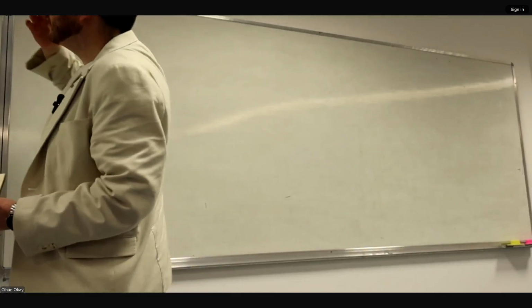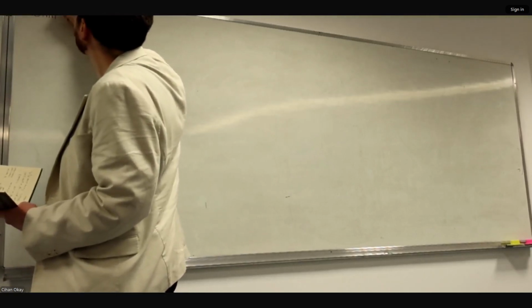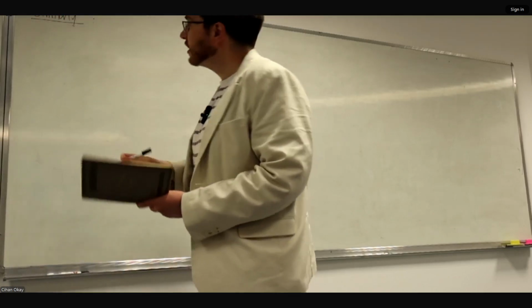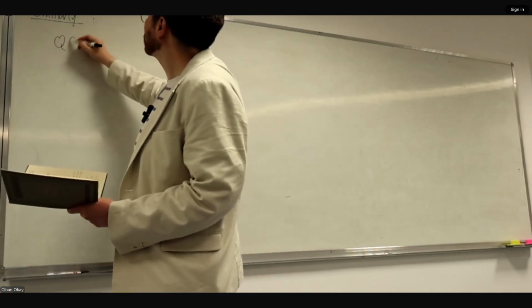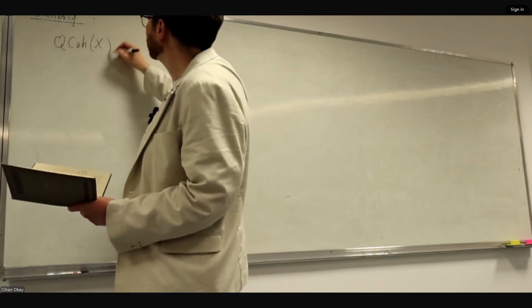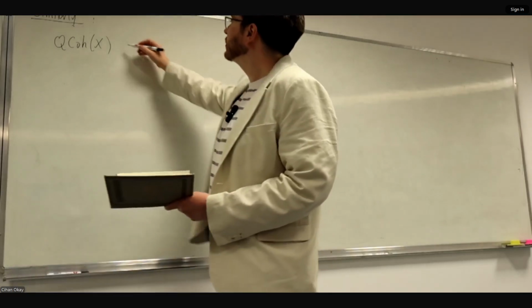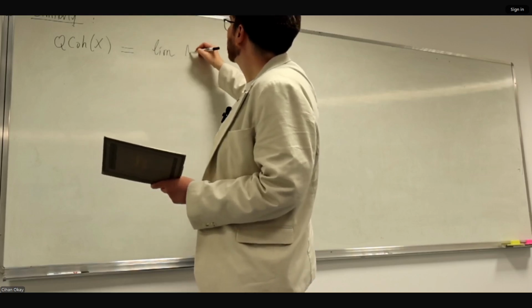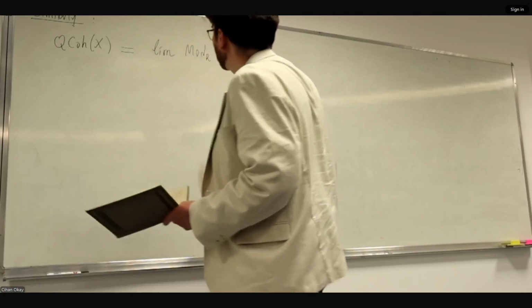So maybe let me briefly mention when we discuss quasi-coherent sheaves, for instance. Similarly, you can write something like this. If you want to understand the quasi-coherent sheaves on X, this turns out to be the limit of R modules.